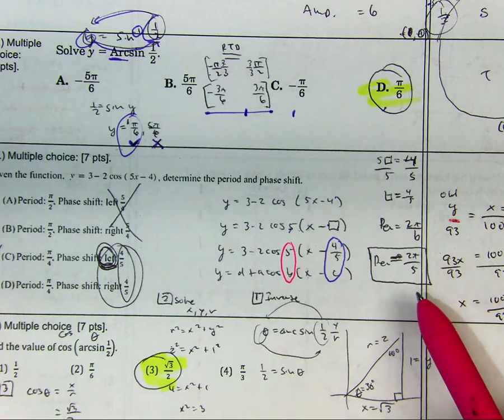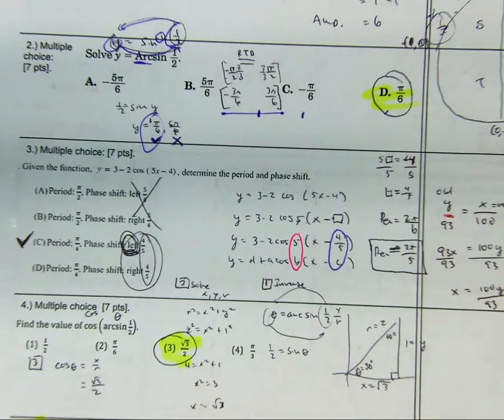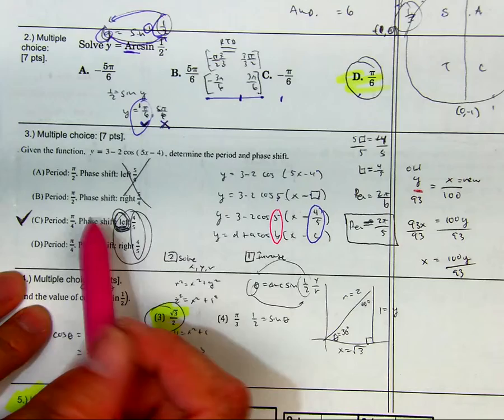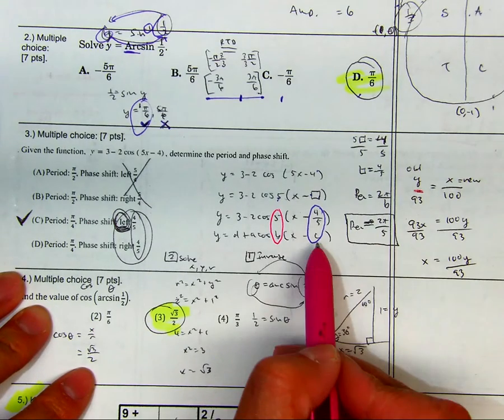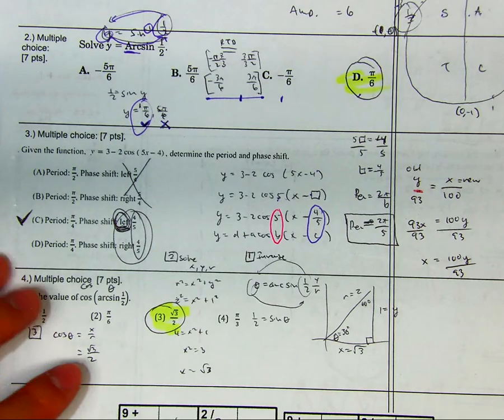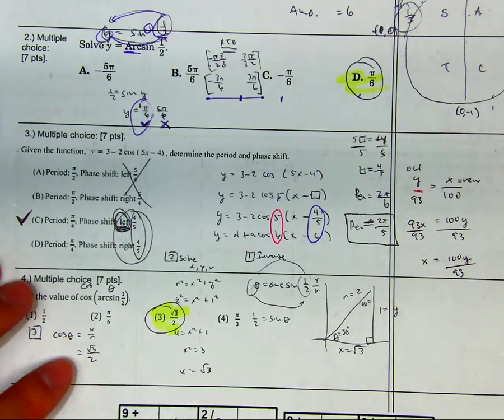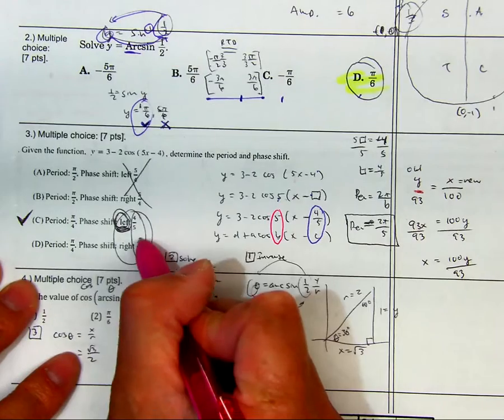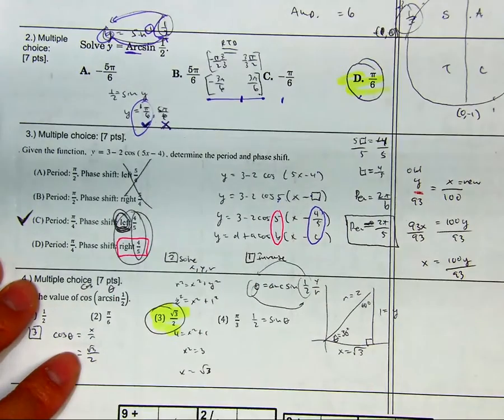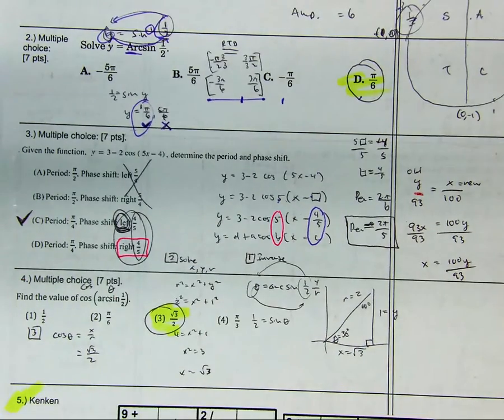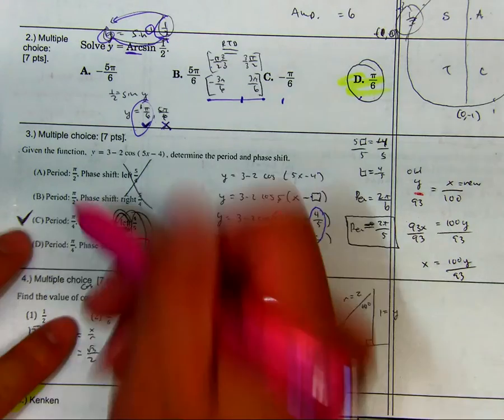And the reason why I threw out this question, so you should not have question number 3 graded, is because I need a shift of 4/5 to the right, so that would be this one. But your b value should have had 2 pi over b, which is none of these.